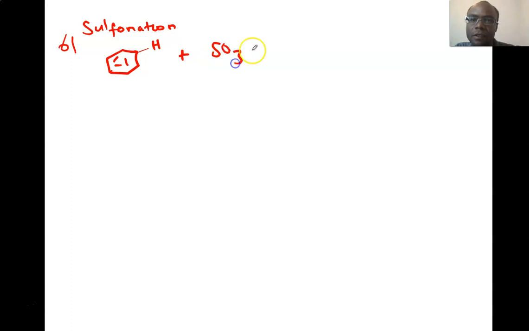The last one that we discussed was sulfonation. You have your benzene ring, and you react it with SO3, but this SO3 must be in a sulfuric acid medium, catalyzed by sulfuric acid.